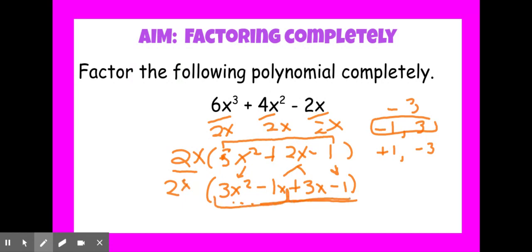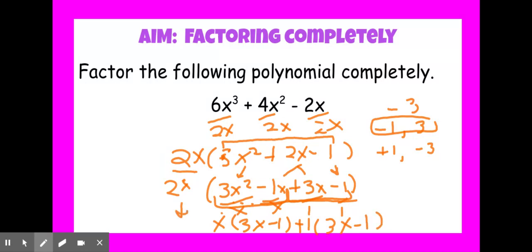So now we group it. We factor out our greatest common factor here, which is x. And in this one is positive 1. So we're going to have x times 3x minus 1, and then plus 1 times 3x minus 1. And don't forget about our 2x.